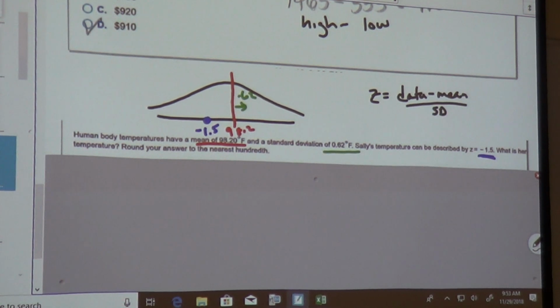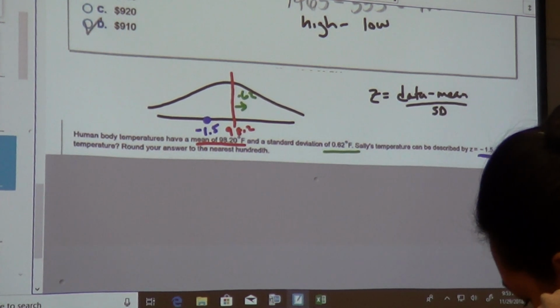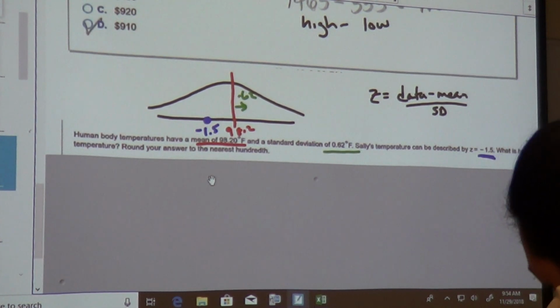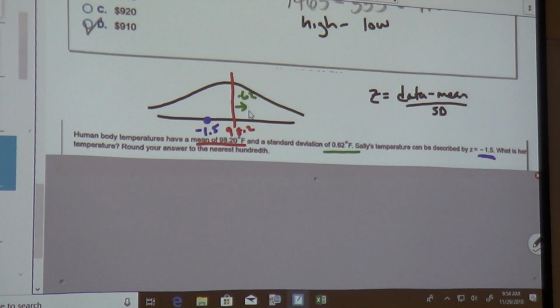Data minus mean over standard deviation. So, what am I going to plug in place of z? The -1.5. Okay. What am I going to plug in place of anything else?